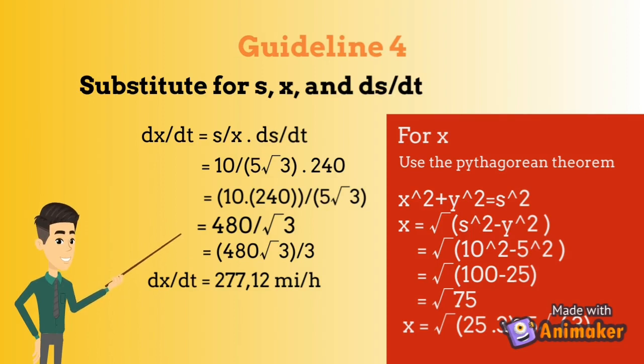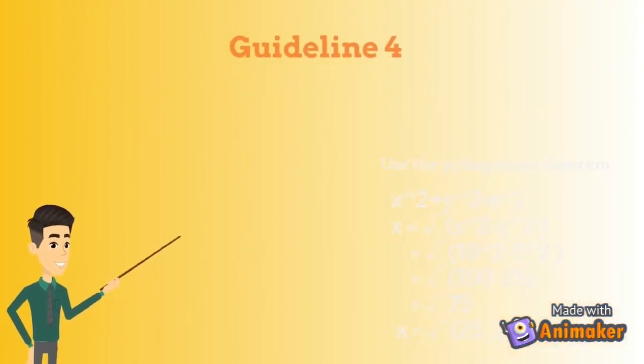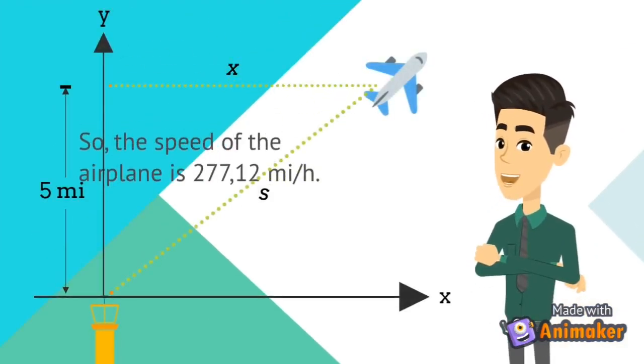So dx over dt equals 277.12 miles per hour. So the speed of the airplane is 277.12 miles per hour.